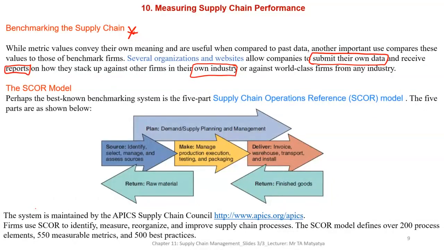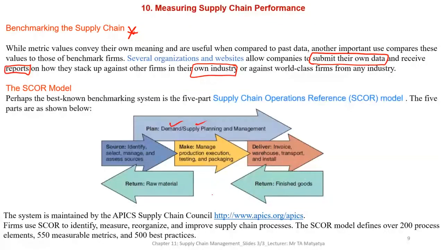Plan, which is planning for the demand, supply, planning, and management. Source: identify, select, manage, and assess sources. Make: manage production execution, testing, and packaging. Deliver: invoice, warehouse, transport, and install. Return: return raw material, return finished goods.